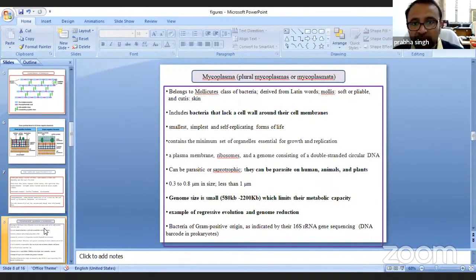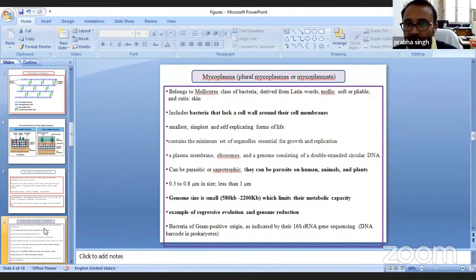Then we are going, okay, we have to learn something about mycoplasma. So mycoplasma are also prokaryotic. They are bacterial cells, and they belong to the Mollicutes class of bacteria. The word Mollicutes is derived from two Latin words.